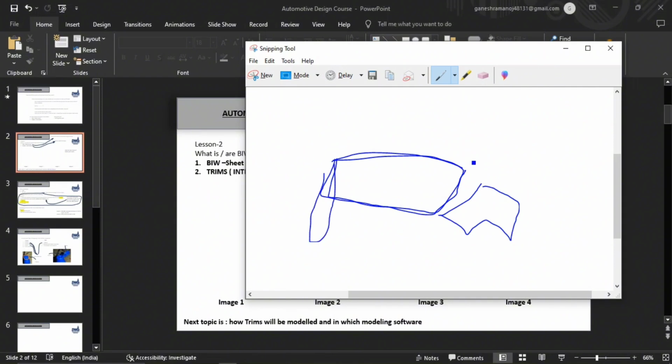This is the hood, and this is called a fender. Along with this, in the front side you will have a bumper.